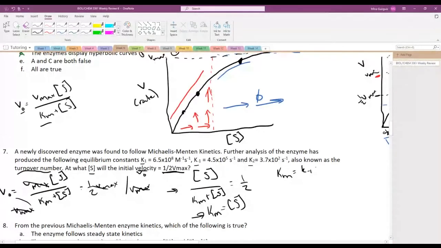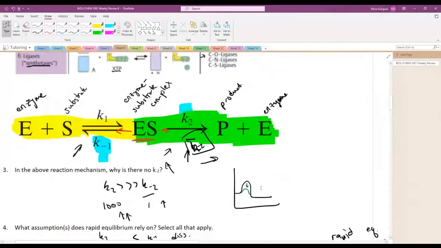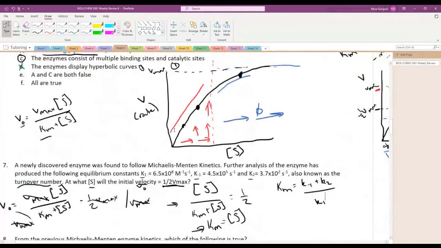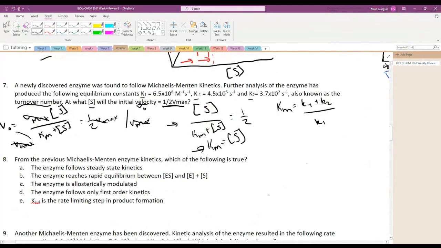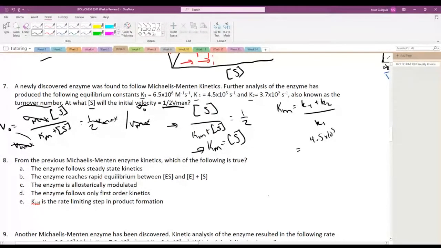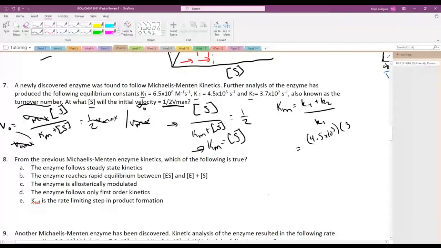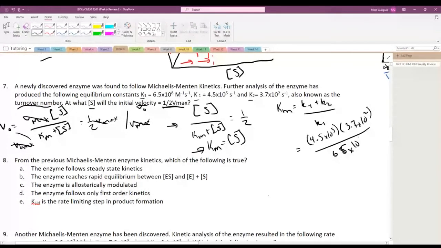Km is equal to, if we think back, K-1 plus K2 over K1, right? It's all the things that get rid of enzyme substrate complex over the thing that forms it. Okay, so let's calculate it. We have the numbers. So it equals 4.5 times 10 to the 5th, 3.7 times 10 squared, and, oh no, sorry, 6.5 times 10 to the 8th. You can plug that into your calculator.